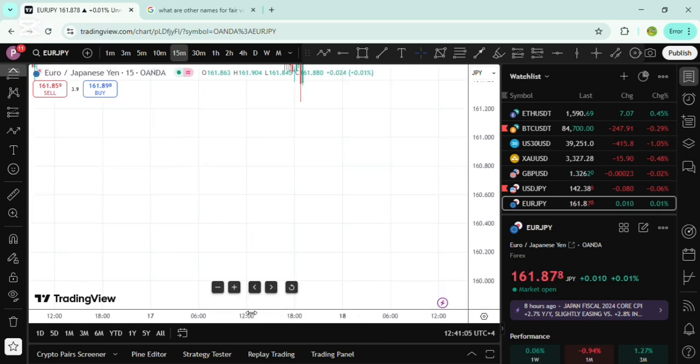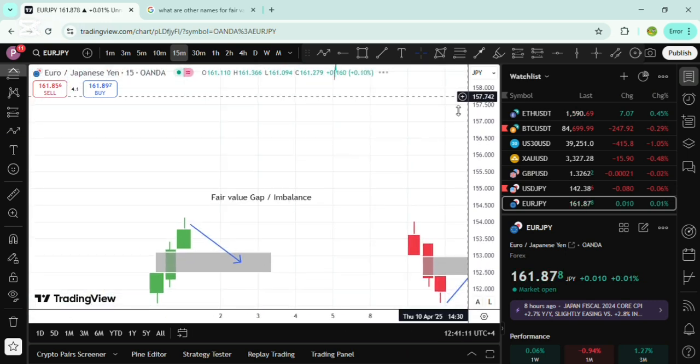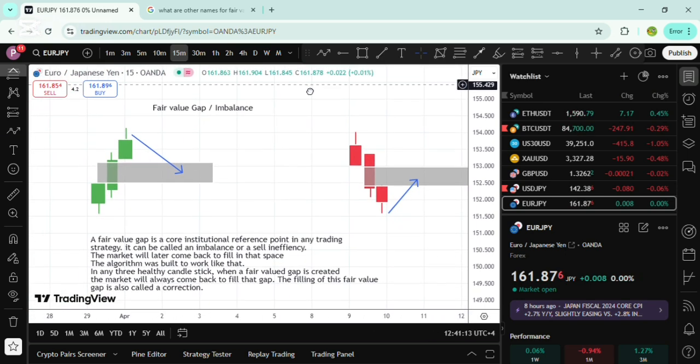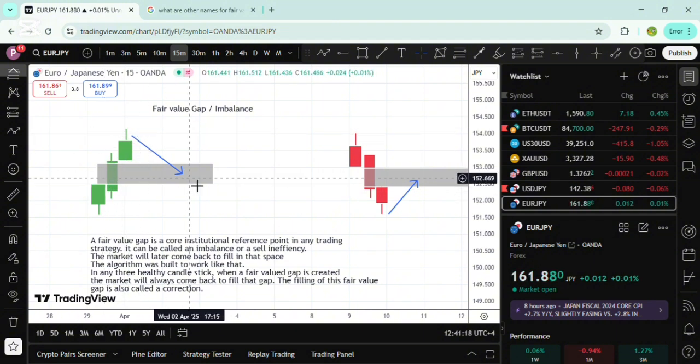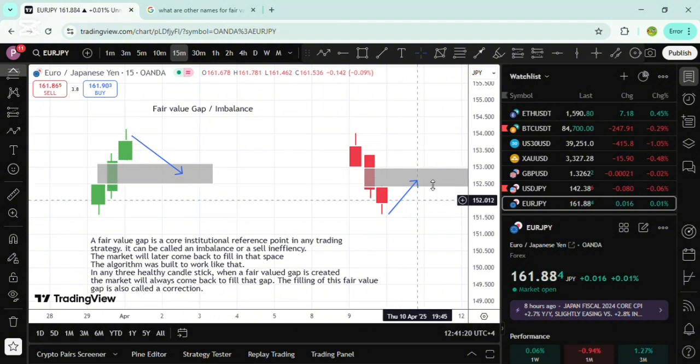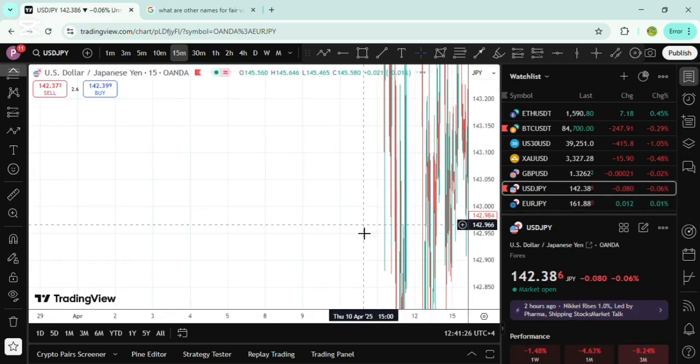So let's go back to our chart. See how it works. The bullish fair value gap came downwards to fill. The bearish fair value gap went upwards to fill. So that's it.